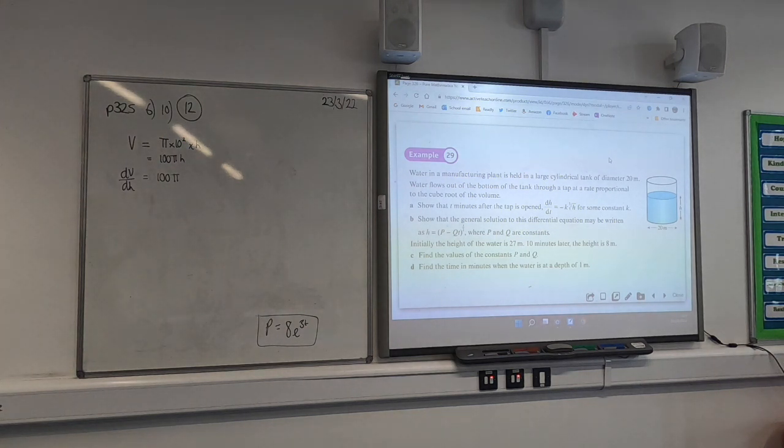So area of the end times the height, area of the end is pi times the radius squared, so you get 100 pi times h, and if h is the variable, when we differentiate that, we just get 100 pi.